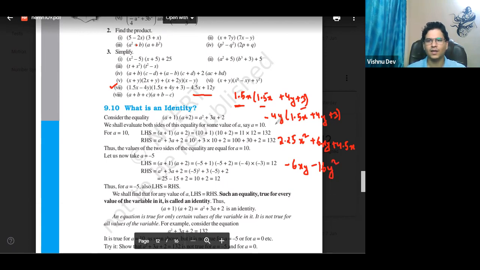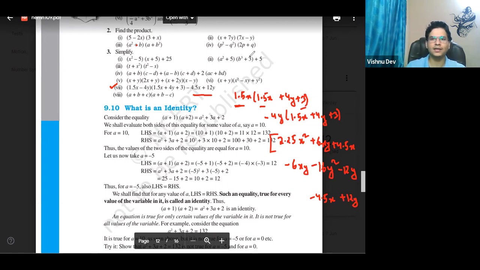And minus 4 into 3 is minus 12y. Correct. Now I can write the last term: minus 4.5x plus 12y.